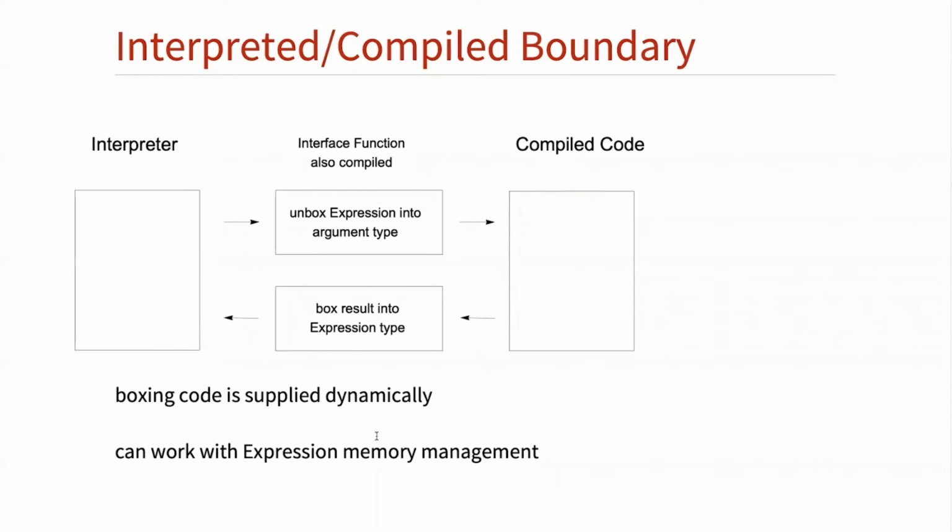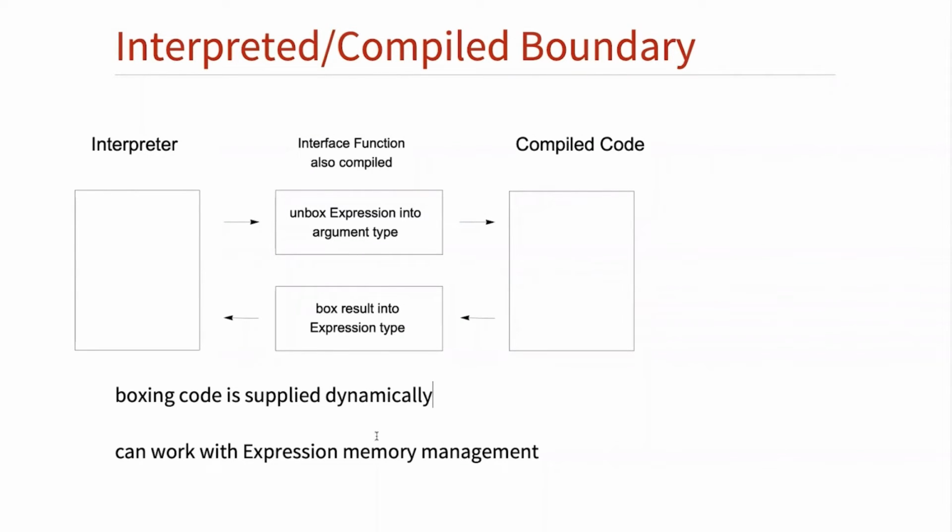If it's not something that it can convert, that's a failure, but it won't do the wrong thing. And then when it's created a result, it converts the result back into an expression. And this code that sits in the middle is itself generated by the compiler, and there are ways of adding your own.